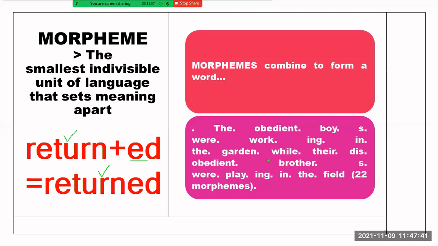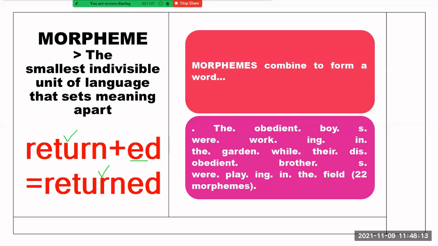Now let's look at this sentence, which we have broken into different morphemes. The obedient boys were work in the garden while their disobedient brothers were playing in the field.